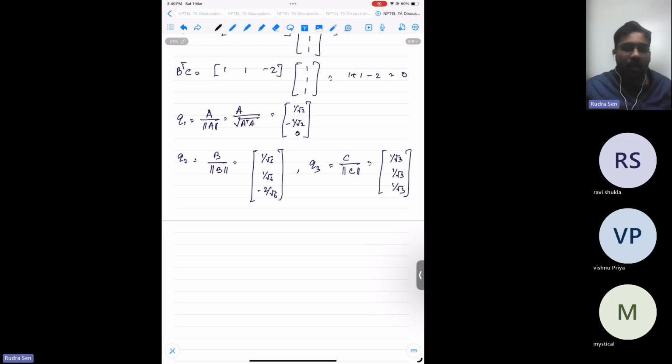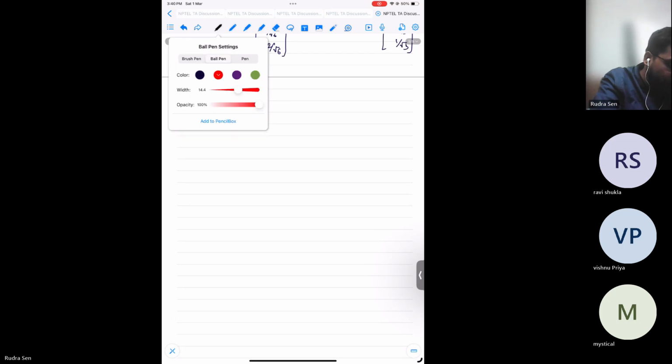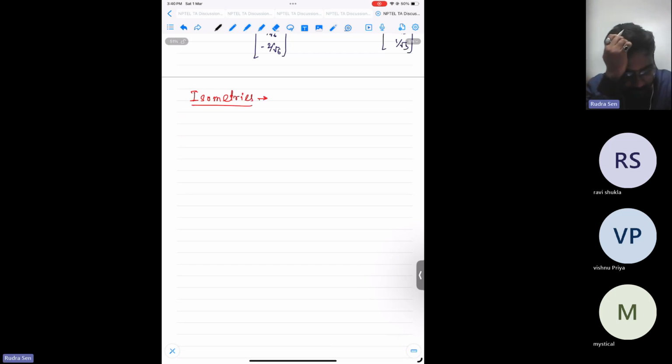Now moving on, I will slightly discuss isometries, and then we will go to eigenvectors and the diagonalization process. I will not go into the details of isometries. So isometries are something like this.